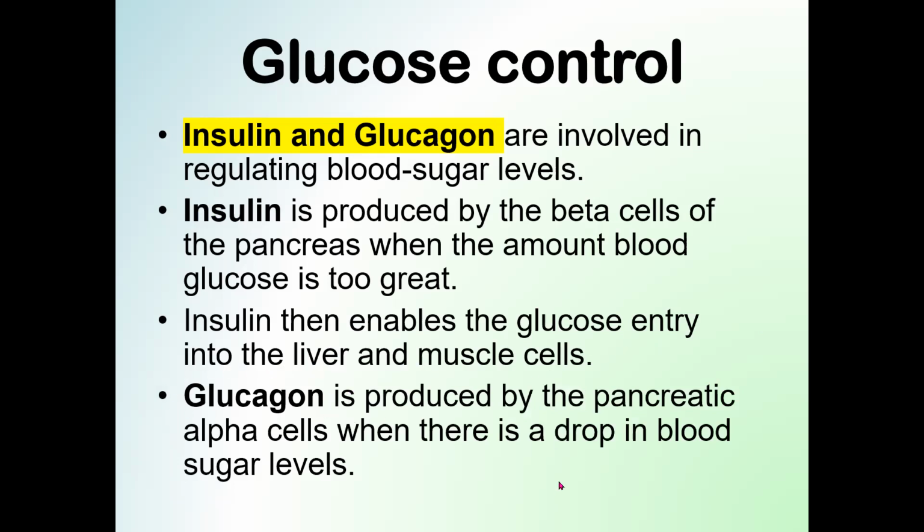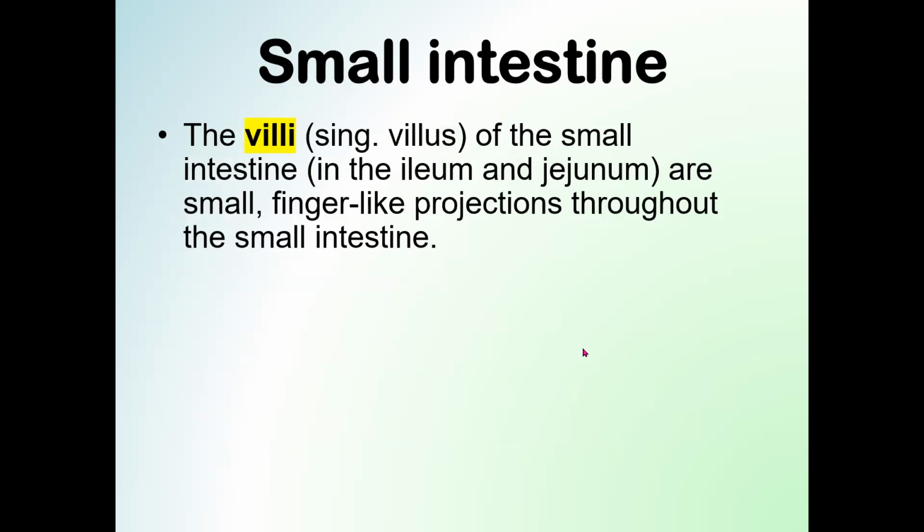Now the glucagon does the opposite. When the blood sugar levels drop for some reason, or you may be exercising, or you may be under very high stress, and using up your glucose, the alpha cells are stimulated to produce glucagon, which then increases the blood sugar levels.